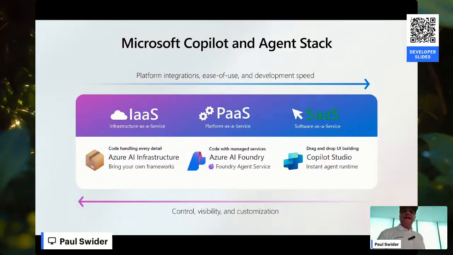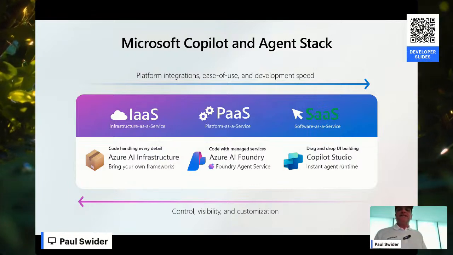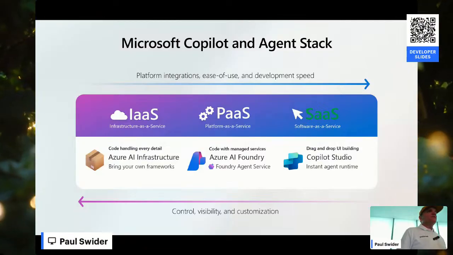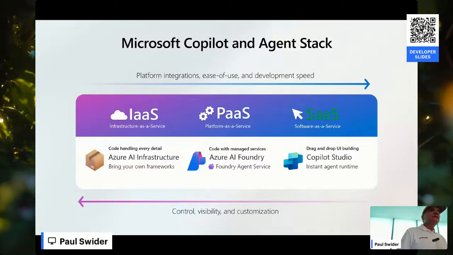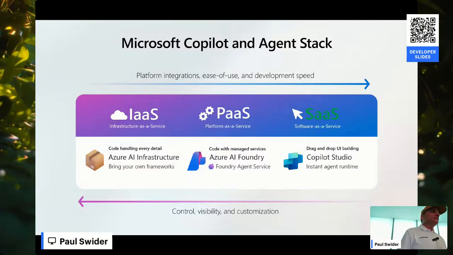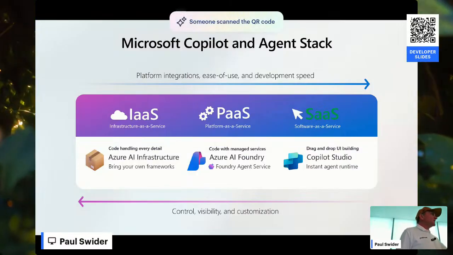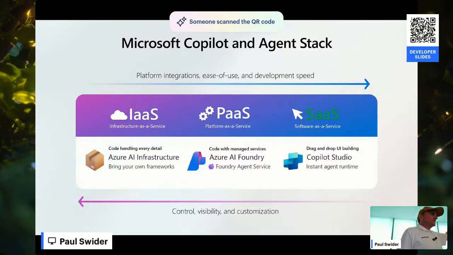And then finally, the last one, IaaS, and we'll dive into all three of these and what it means from an agent perspective. IaaS is infrastructure as a service. What that means is you're using the infrastructure of Azure, but you are taking complete ownership of all of the code. You're building it yourself. You don't have a dependency necessarily on Azure, or on some of the SaaS components of Copilot Studio, et cetera.